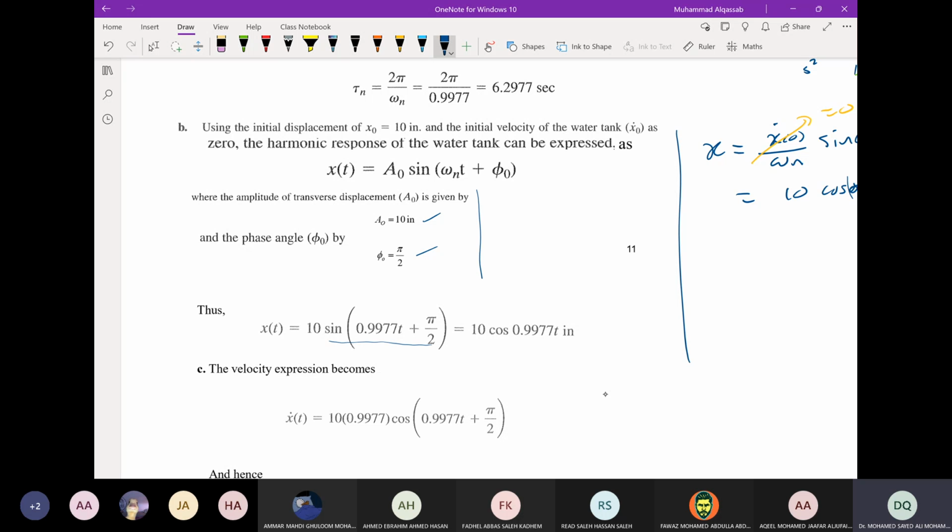Okay, so it is 10 cosine 0.9977 t, and this is the response. This is the response of the water tank for all time.